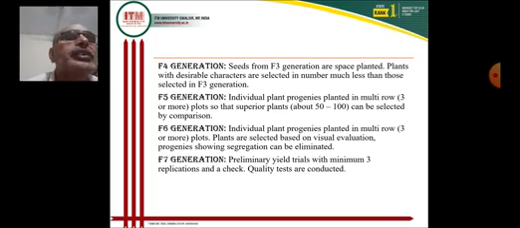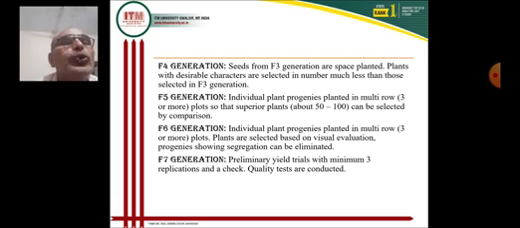In F5 generation, individual plant progenies, plants in multi-row, 3 or more plots, so that superior plants about 50 to 100 can be selected by comparison. F6 generation, individual plant progeny planted in multi-row. Plants are selected based on visual evaluation.